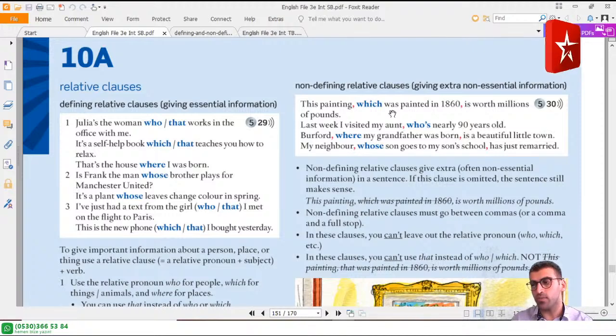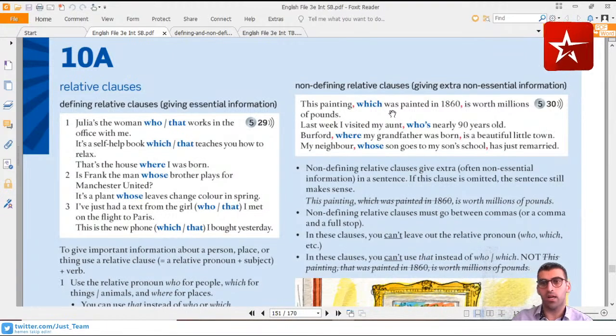And next one, last week I visited my aunt, who's nearly 90 years old, okay? Who is nearly 90 years old. Last week I visited my aunt. So here this who defines my aunt, okay?